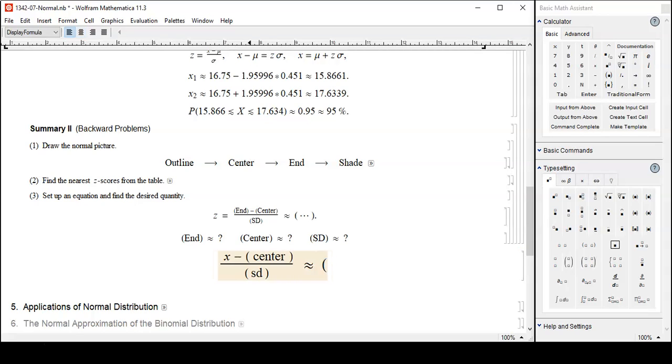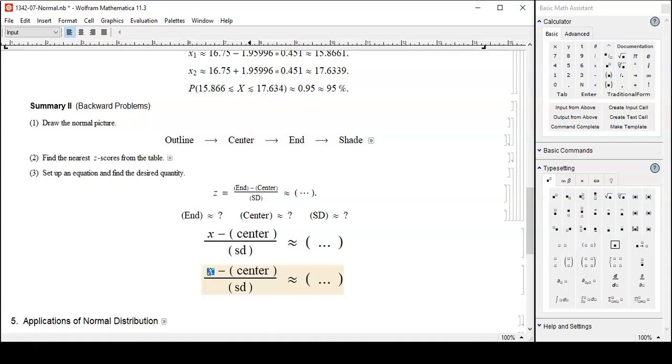Let me use just this. What do you have? You have an equation with one variable. Flip the denominator, move this center to the other side, and then you're going to get an x value. Now, what if you want the center and you know the x?